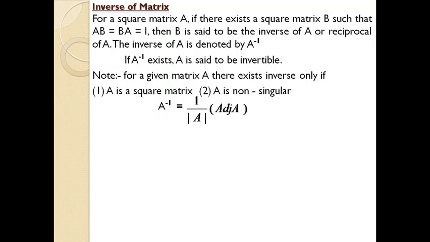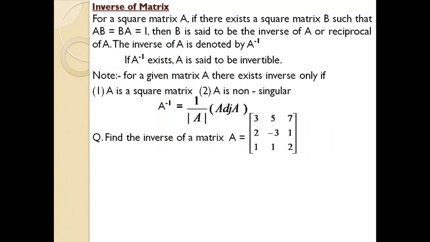So let's see how to deal with the case. A case is given. Find the inverse of a matrix A. The matrix is given. It's of order 3, that is 3 rows and 3 columns, consisting of both positive and negative numbers. When negative numbers come, be cautious.